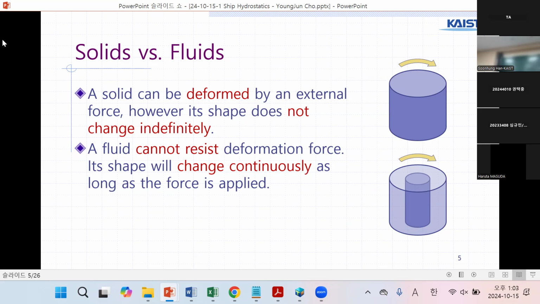However, fluid cannot resist shear stress, and fluid is a substance that can be deformed continuously under the application of shear stress. So it is meaningless to define displacement for a fluid. Instead, we can define the velocity gradient of the fluid.